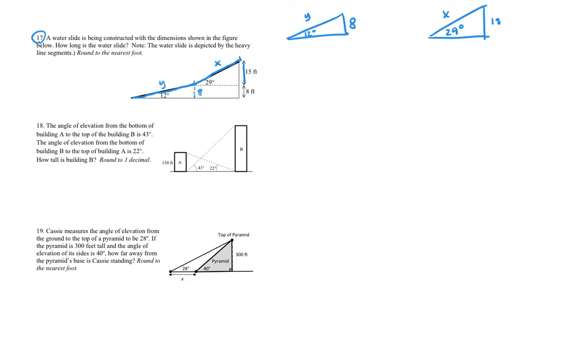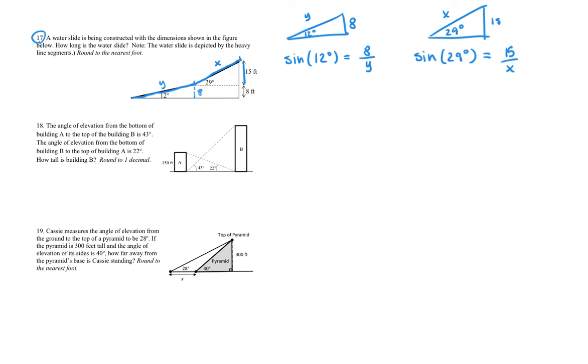So for this triangle, I think the equation that we'll need is going to be sine, because we have an opposite side and the hypotenuse, so I think we can say sine of 12 degrees is going to equal my opposite over my hypotenuse. And then we have the same situation with this x triangle, so similarly sine of 29 degrees is going to equal 15 over x.